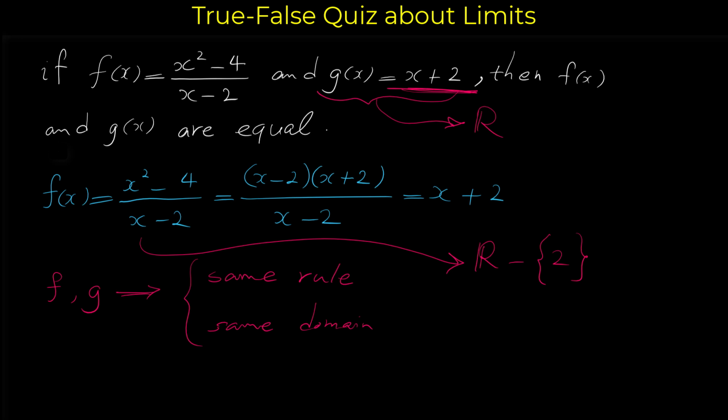So the domain of f is all reals except 2, and the domain of g is not the same, and so the two functions are not equal to each other. So this statement is false.